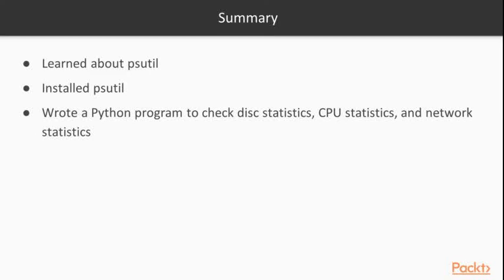So we were able to find out how many cores we have, logical and physical. Also, we were able to calculate percentage usage and how much CPU percentage was used by user space and how much was used by the system space of our operating system.